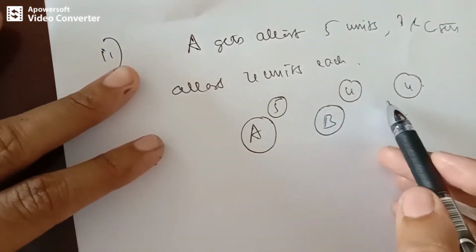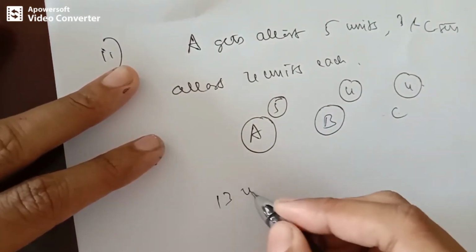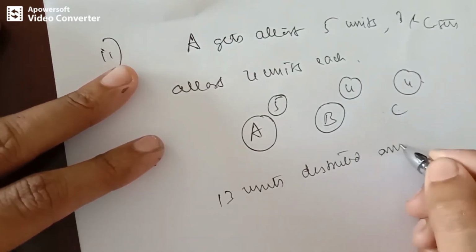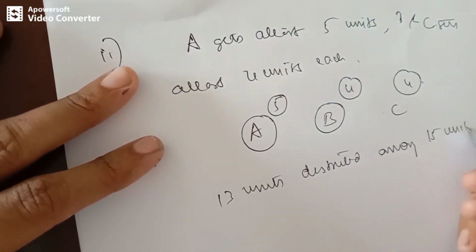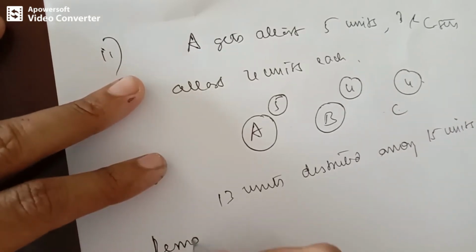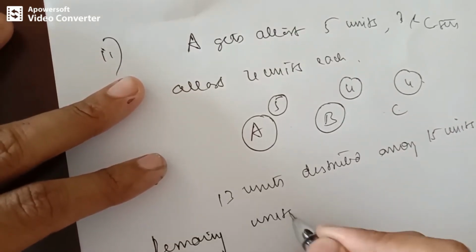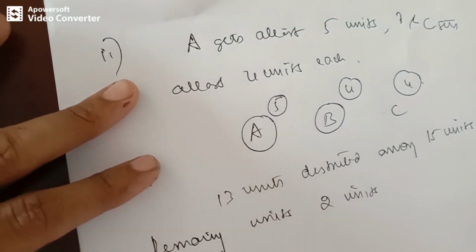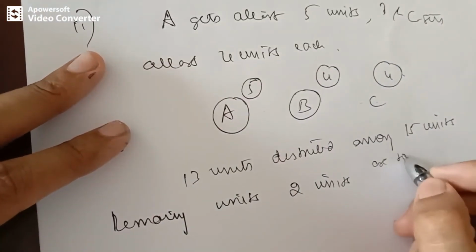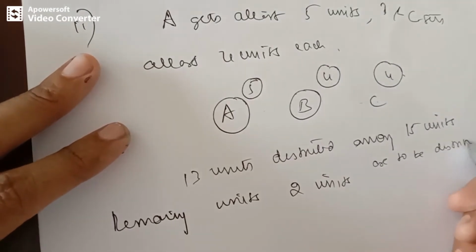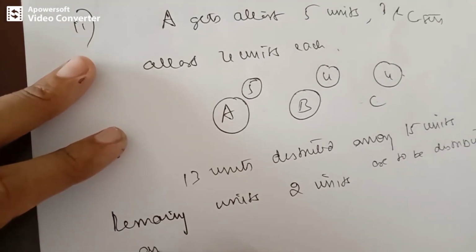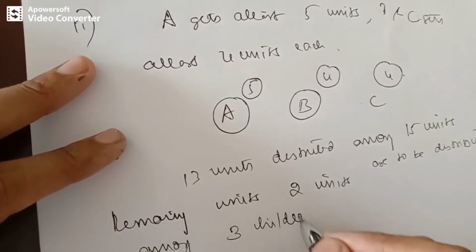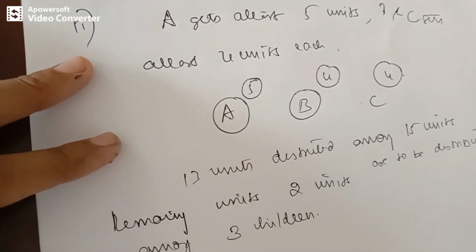So 13 units are already distributed among totally 15 units, right? So remaining 2 units are to be distributed among those 3 children.